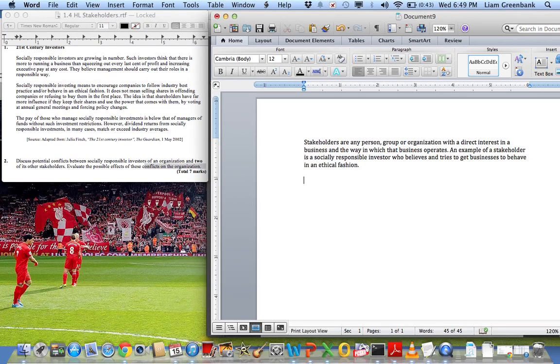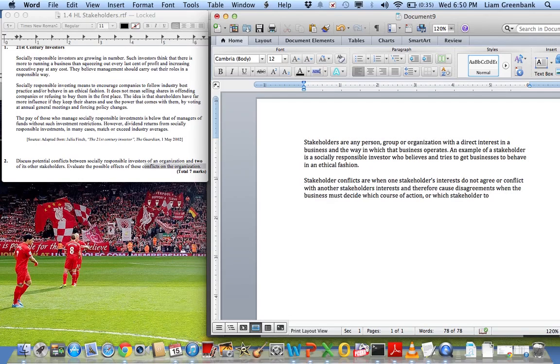The next key term is to define stakeholder conflicts. So stakeholder conflicts are when one stakeholder's interests do not agree or conflict with another stakeholder's interests, and therefore cause disagreements when the business must decide which course of action or which stakeholder to appease.